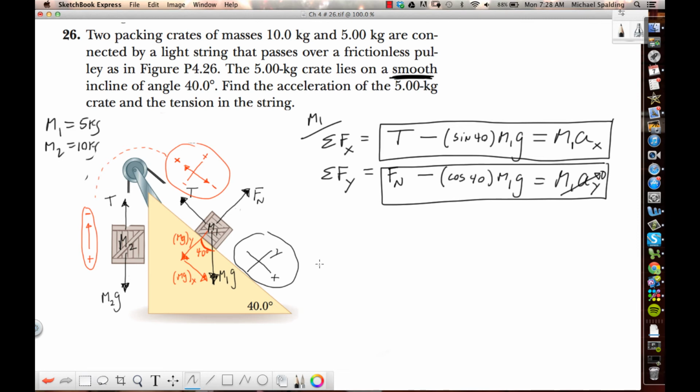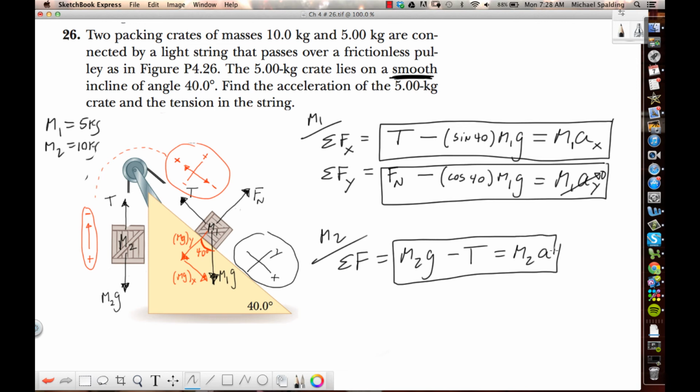Okay, now we go to M2. Okay, M2, so looking over here, remember down is plus. So summing the forces for M2, we're going to get M2G minus T equals M2A. Okay, we now have two equations and two unknowns. So we're not going to be using this y equation.